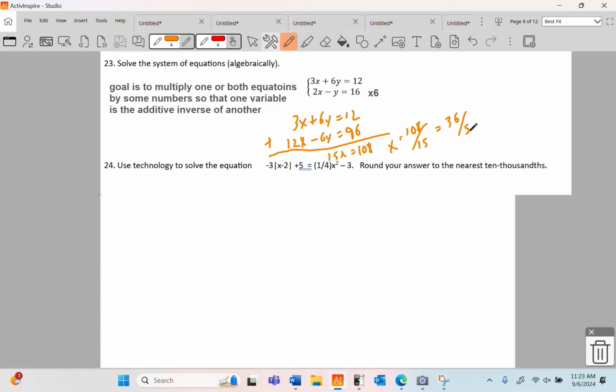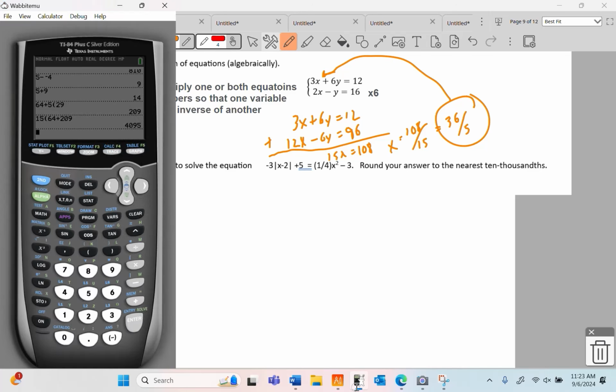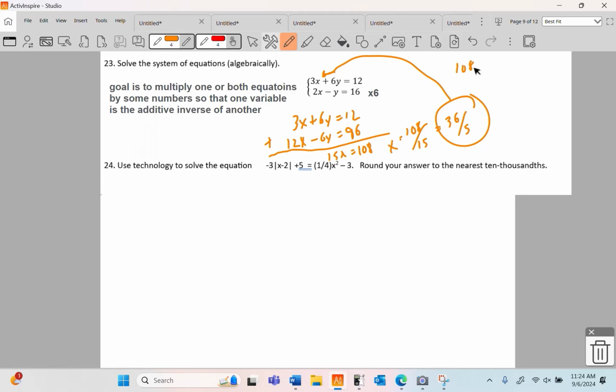And now that I have x, I just plug it in. That's all I do. It doesn't really matter what equation you plug it into. And you have access to a calculator on this test, so it doesn't matter that the numbers are bad. We'll just put it right there. So we have 3 times 36/5. I like fractions. 108/5. By the way, I knew that. I was just showing you that you can push buttons.